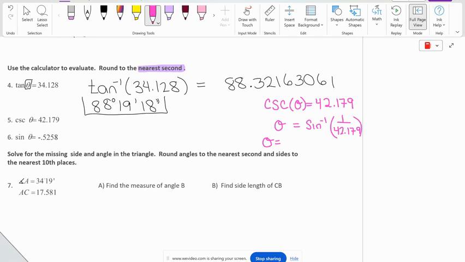So you guys try number 6, and a negative answer is okay. We'll take it.